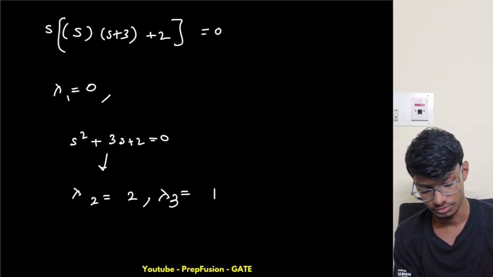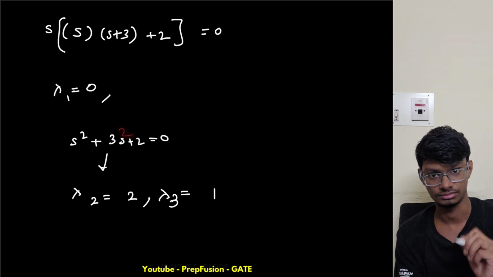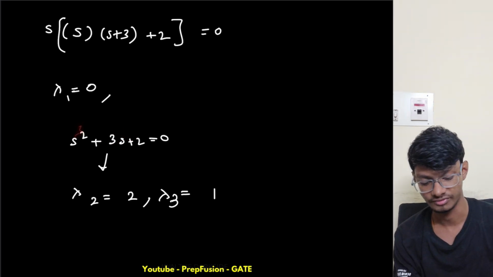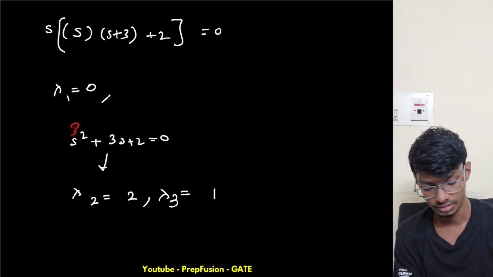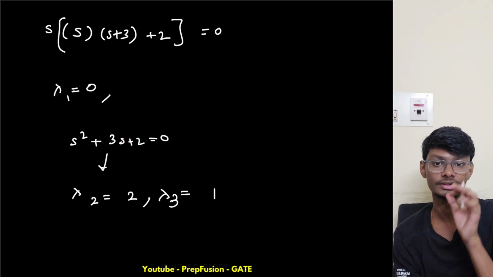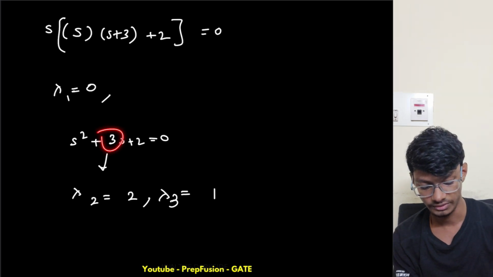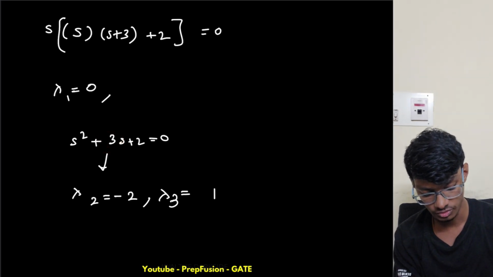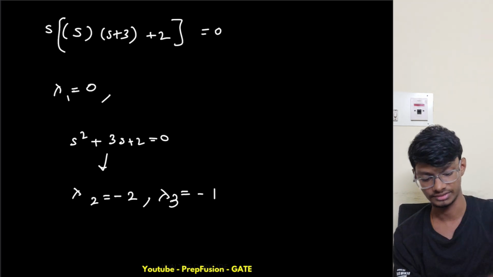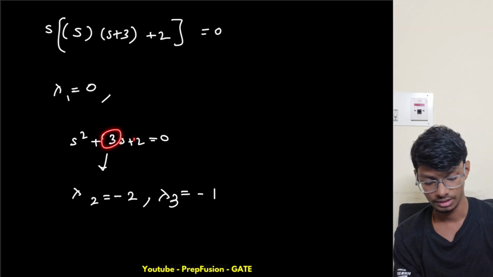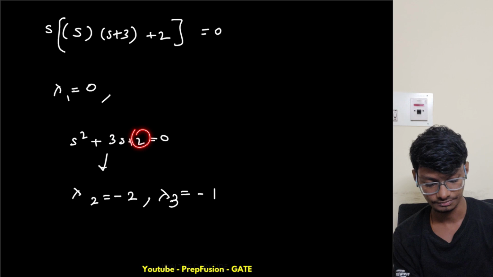This was the S square coefficient, this is the S cube coefficient. So what comes with S square? The sum of the eigenvalues in negative sign, so minus 2, minus 1, minus 3, and the negative sign becomes plus 3.